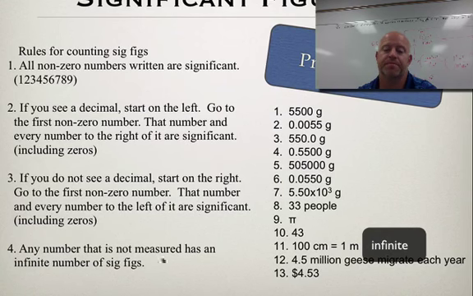Now, number 12, we have 4.5 million geese migrating each year. Is this like number 8 where we're counting, or more like number 5 where we have a big number that gets measured? At first look, you might say it's 4.5 million geese, so you're actually counting the geese. But can we really count 4.5 million geese during migration? It's really not possible. The way we determine migration patterns isn't through counting, it's through measuring.